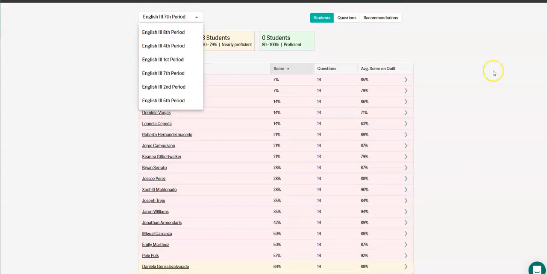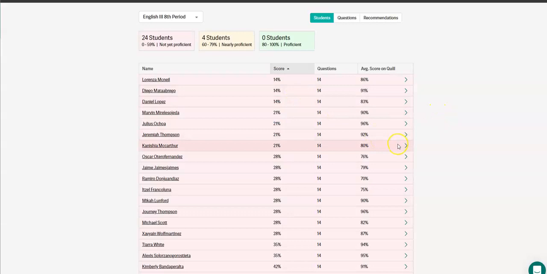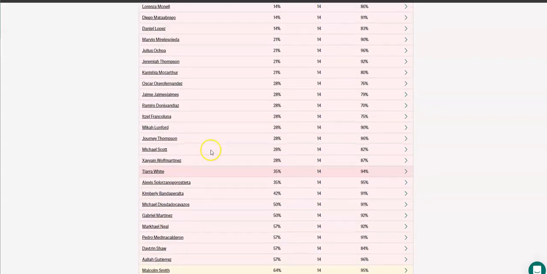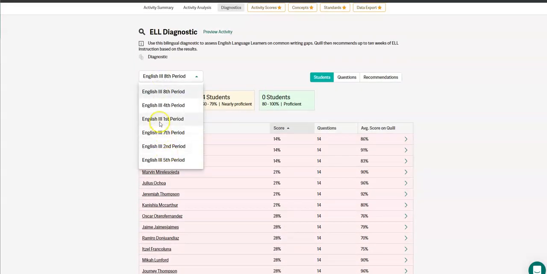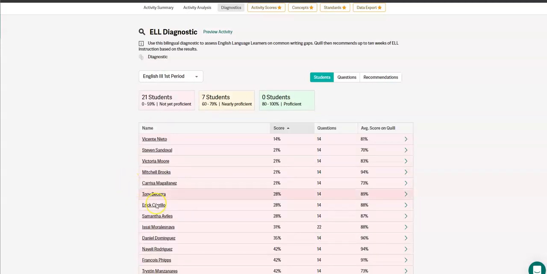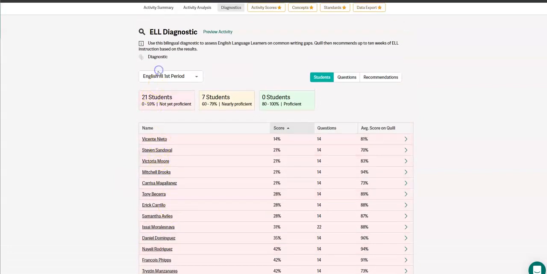Now, this is an inclusion class, but that was one of my brighter classes. And even in my regular classes, you notice it's all in red and yellow. So I don't hide the scores from them, but this isn't a screen that I would regularly show the students.